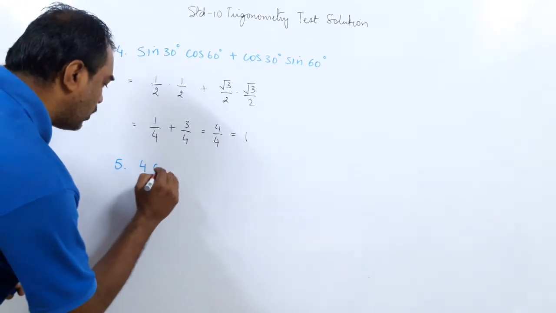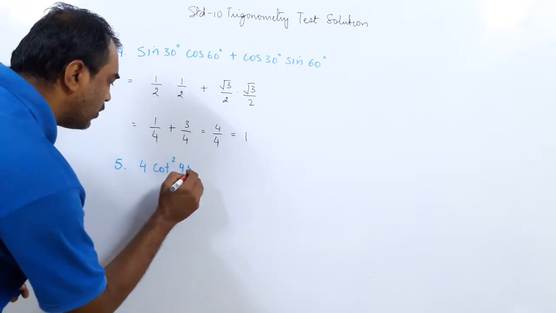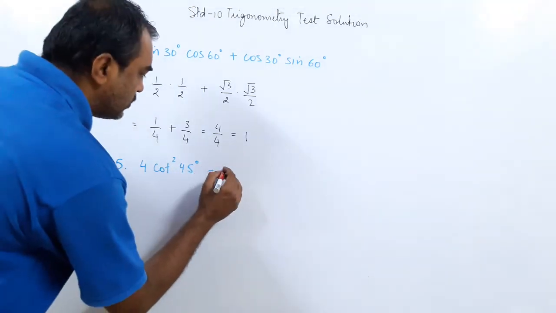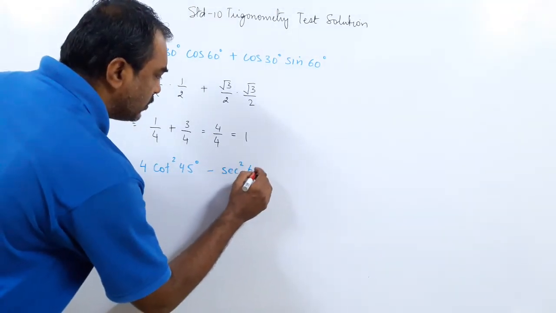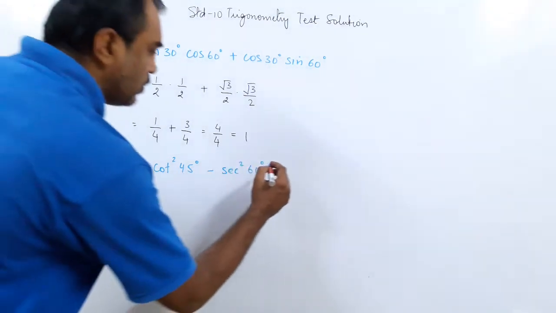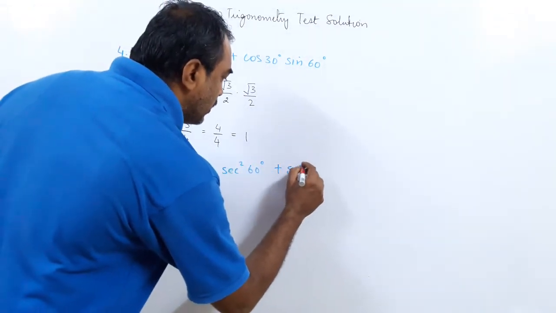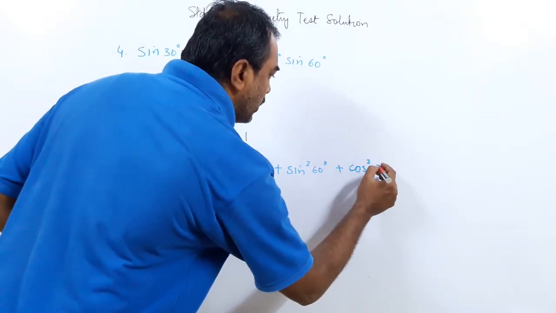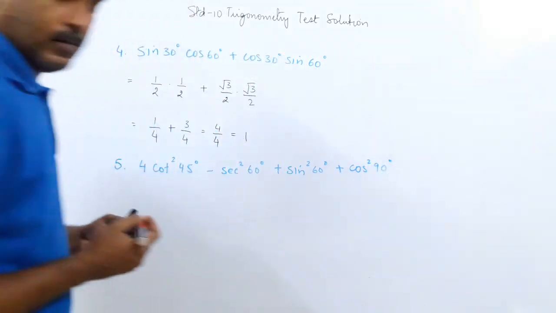The next sum is 4 into cot square 45 degree minus sec square 60 degree plus sin square 60 degree plus cos square 90 degree.